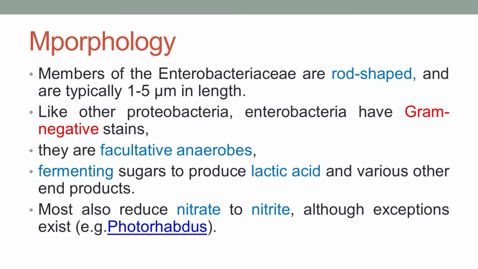The majority of Enterobacteriaceae are facultative anaerobes. That means they could multiply in both aerobic and anaerobic conditions, which makes them more resistant in different conditions. They ferment sugars and produce lactic acid and other various end products.